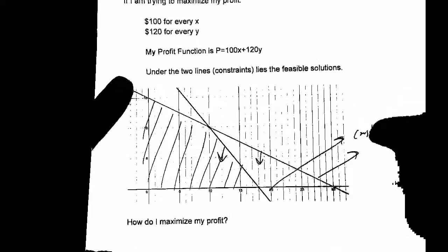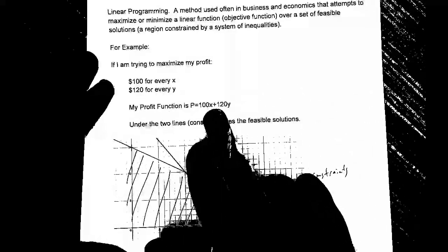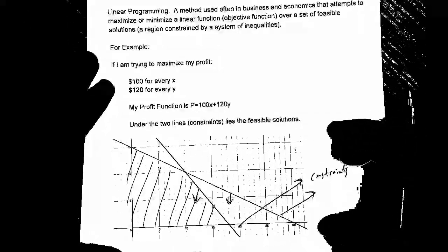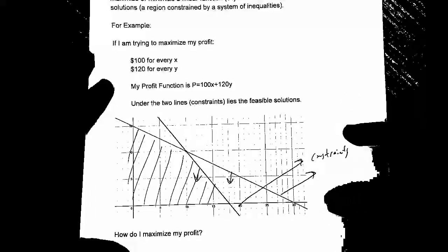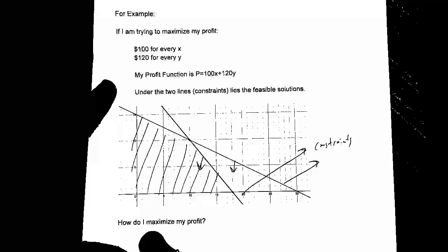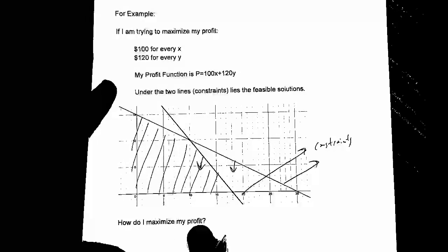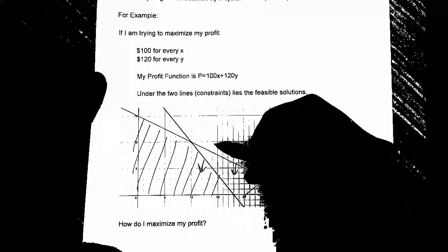So the steps to solve these problems are: you look at your profit function, you get your constraints, which are either given to you or you'll write them out, and then your maximal profits or your minimum profits are going to be at one of the vertex or corner points of the feasible region.